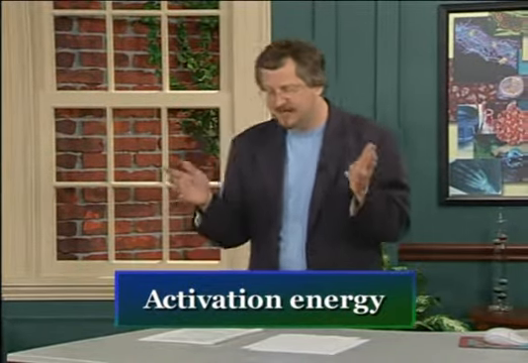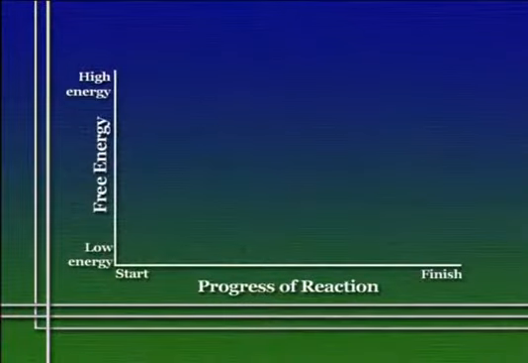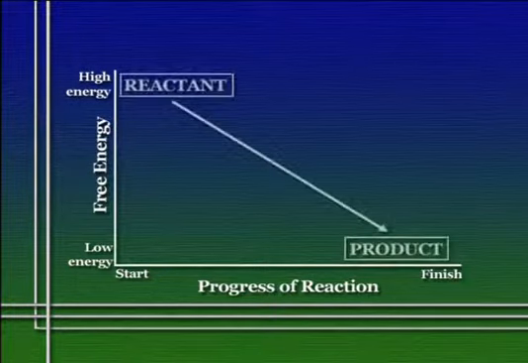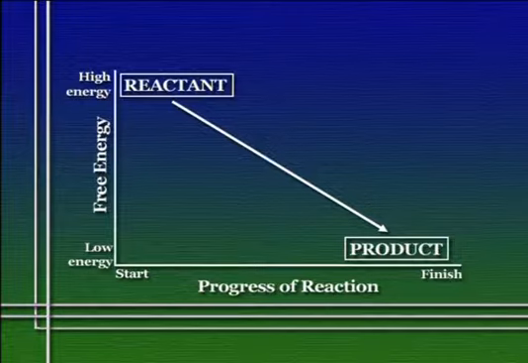Now, to get a better idea of what activation energy is, let's picture again, as we did in the previous lecture, a graph that has time on the x-axis and the relative amount of free energy of compounds on the y-axis. Now, last time, we illustrated an exergonic reaction by drawing a straight line from a high-energy reactant to a low-energy product, a straight line going down.